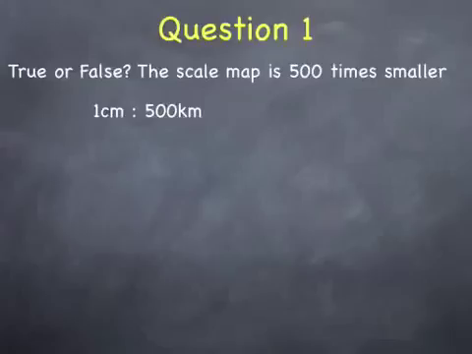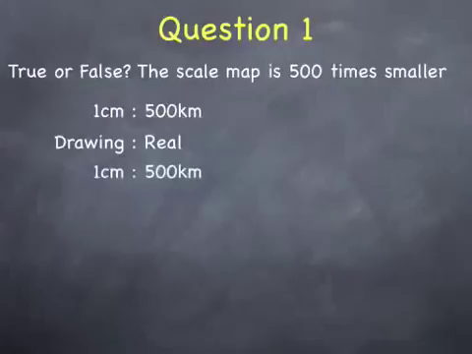Okay, let's have a look at the scale. It's 1 centimetre to 500 kilometres. Now we've got drawing to real size. Now what we need to do is really to compare the same units together. We're going to work through it and compare centimetres to centimetres. You can't compare centimetres to kilometres in this way. We need to convert the right-hand side from kilometres to centimetres.